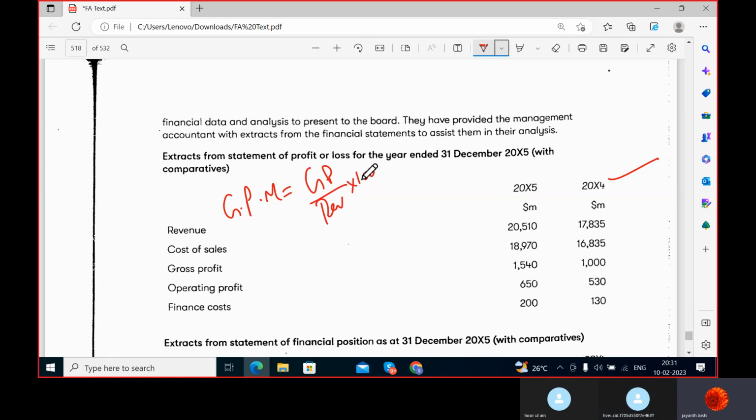So will you find out the gross profit margin right now? Your gross profit is given here, your revenue is given here. You tell me the ratio.